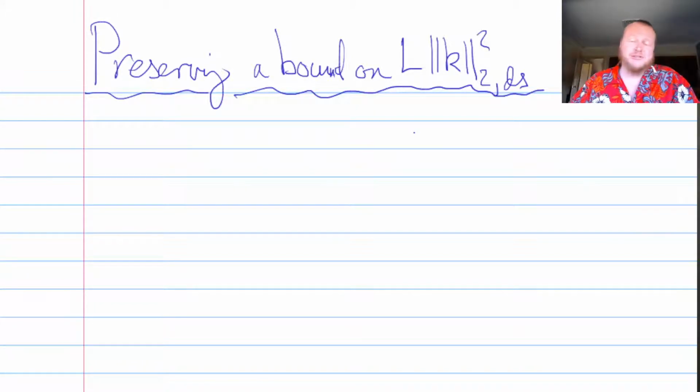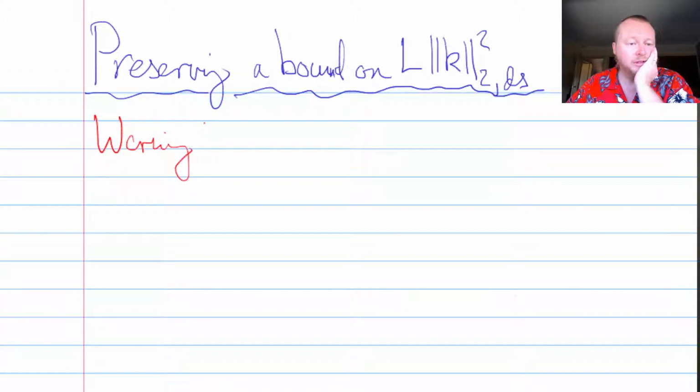You can take them as black boxes if you're new, but if you have some experience or want to dive deeper into why these things are true, I'm going to give you a few pointers. So let me make my pen red. This is just a caution. You can still watch what I'm doing and you'll still get the basic idea. It's just that some steps may leave you wondering what's going on.